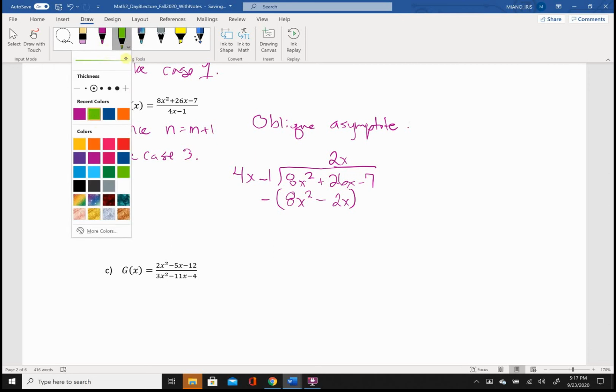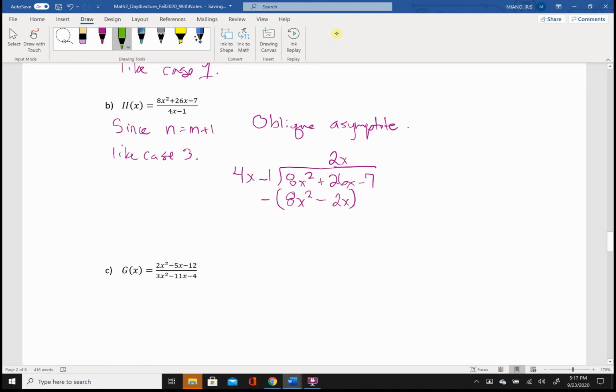Here's what I like to do. I like to make a couple of marks that illustrate the distribution of the subtraction or negative sign, changing the sign and operation of everything inside. So it's like the parentheses drop, and this subtraction actually turns into addition. Okay, so these definitely subtract, and then this becomes like positive 26x, and I add 2x to it. Then that'll give me 28x, and then I drop down the subtracted off 7.